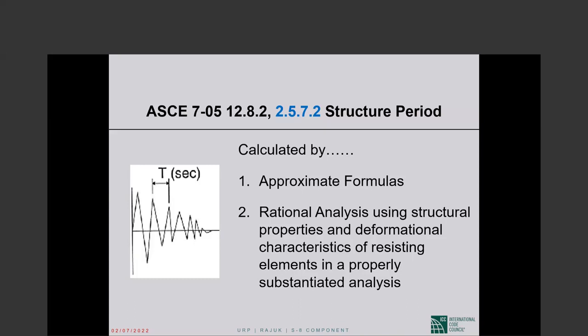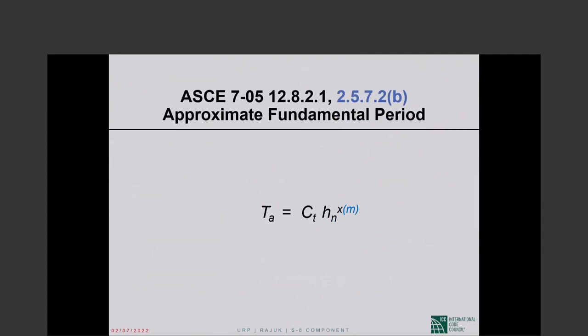Okay. So period can be calculated by approximate formulas or by rational analysis using structural properties and deformational characteristics of resisting elements in a properly substantiated analysis. Okay. The approximate period formula is T sub A equal to a coefficient C sub T times the building height raised to the power X in ASCE 7 and in BNBC 2020.